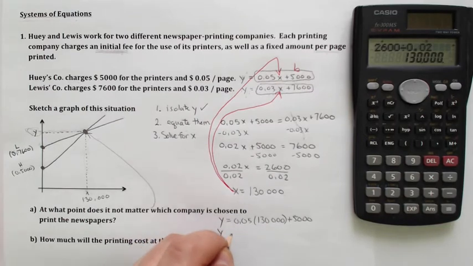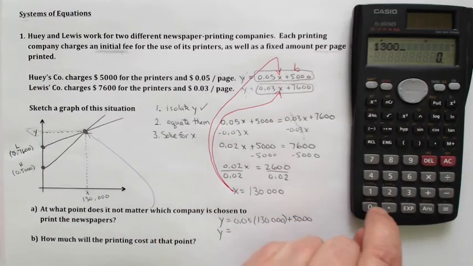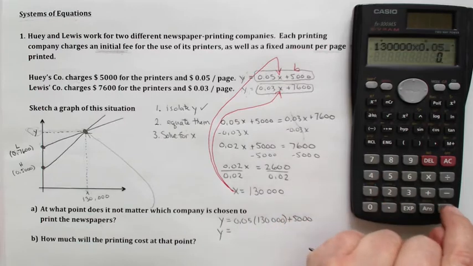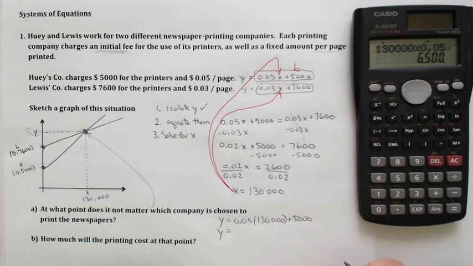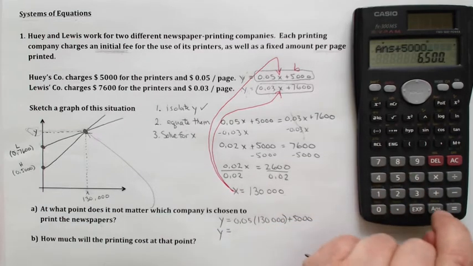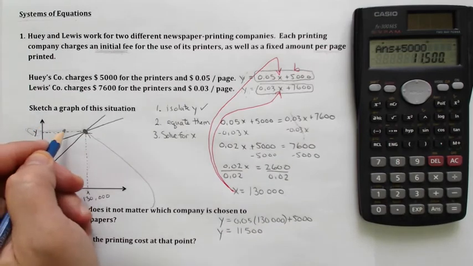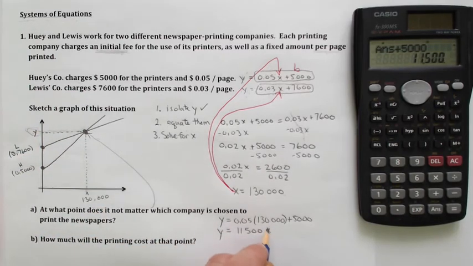And when I do that, I get y is equal to 130,000 times 0.05, which is 6,500, and then I have to add to that the 5,000. And I get 11,500. And remember, that 11,500, that's dollars.